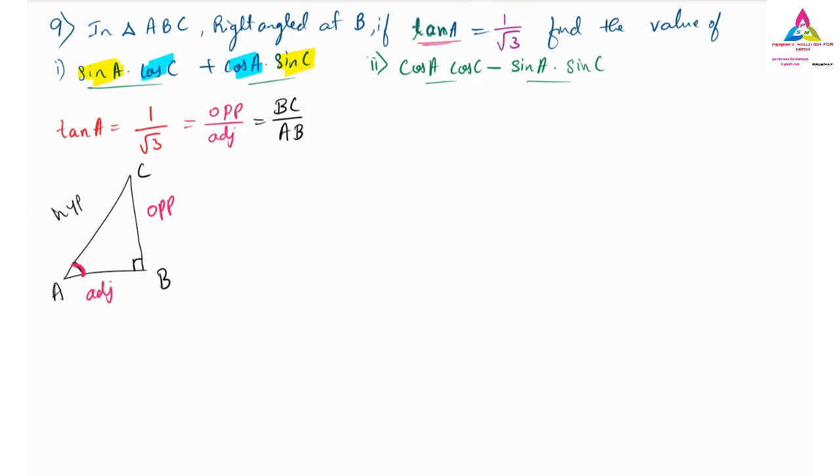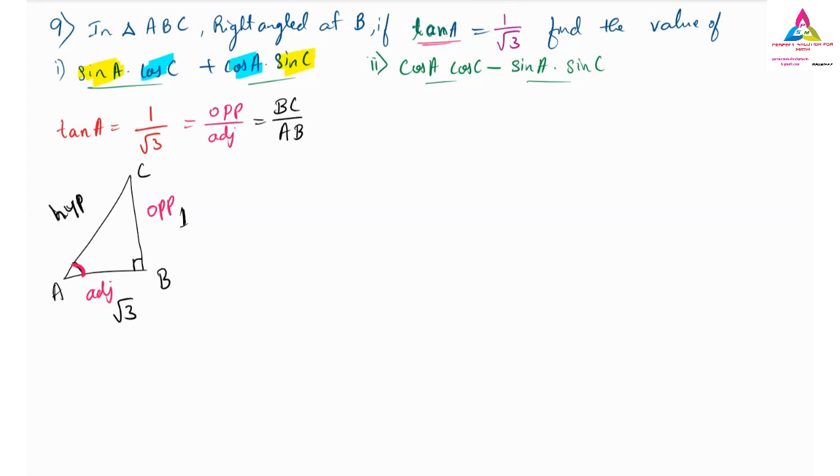So BC we can consider as 1, and adjacent as root 3. Remember this. Only one thing is left, that is the hypotenuse.